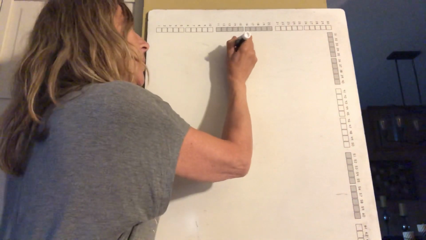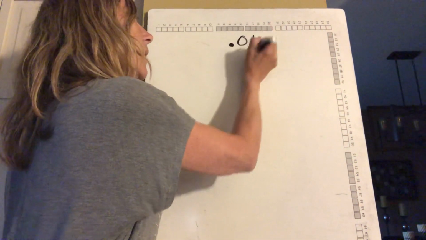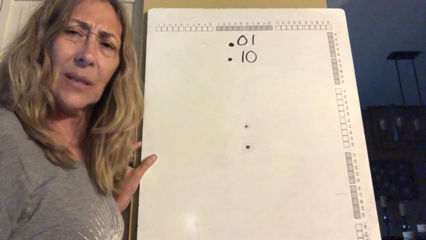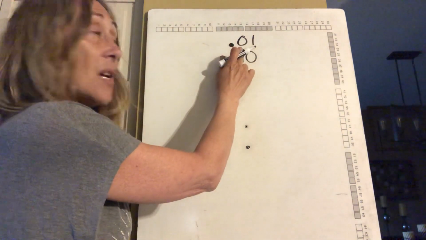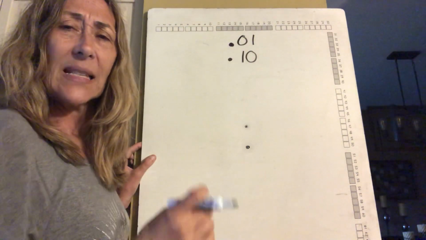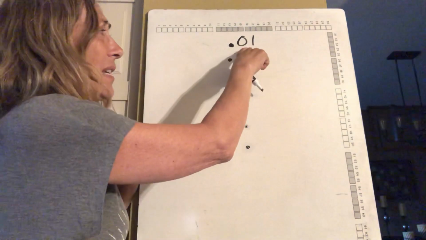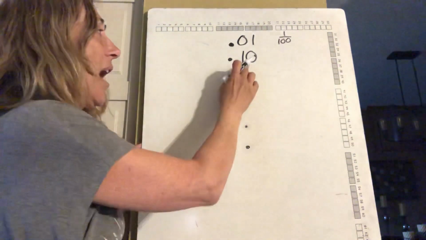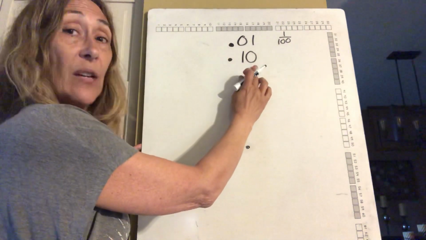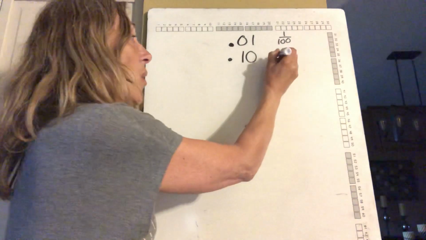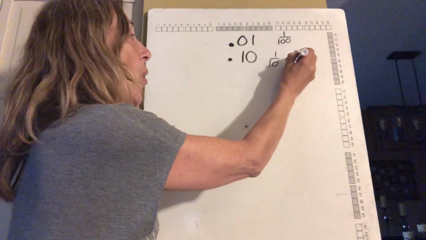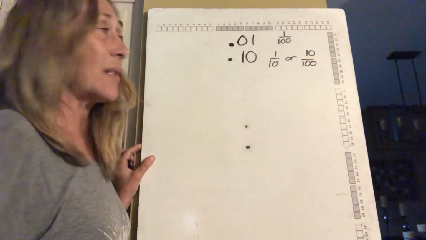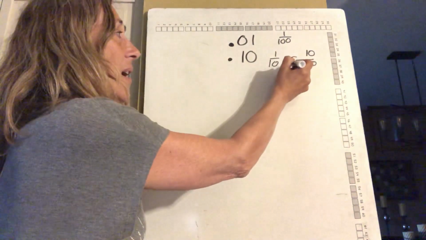If I were to look at those decimals, I have no tenths, but I have a 1, and that 1 is in the 100ths place. So this decimal here is 1/100th. I have 1/10, I have no hundredths. So I could read that as 1/10 or 10/100ths because we know those are equal.